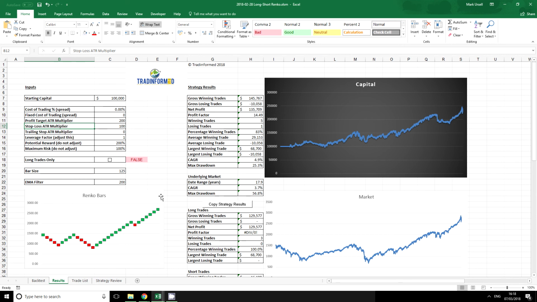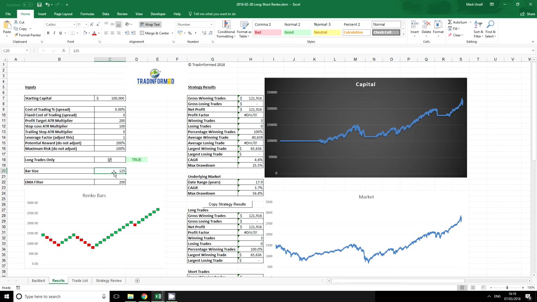So we can see we make a bit of a difference here by trading in the direction of the 200 moving average. Another thing we can do is make it long trade only. A lot of people only want to trade long, and in the case of the stock market, I fully understand that.